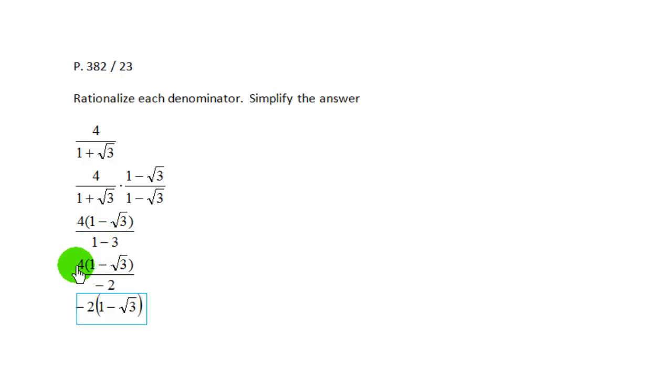So I would have 4 times the quantity 1 minus the square root of 3 divided by negative 2. The 4 and the negative 2 simplify to negative 2 in the numerator, I apologize, over 1, so we don't have to write the denominator. And the answer is negative 2 times the quantity 1 minus the square root of 3.